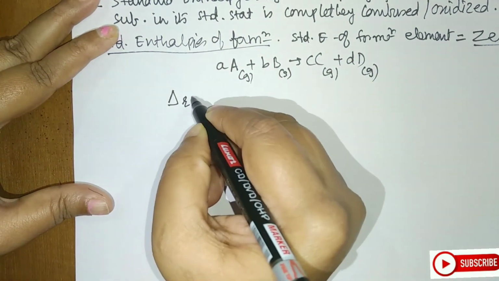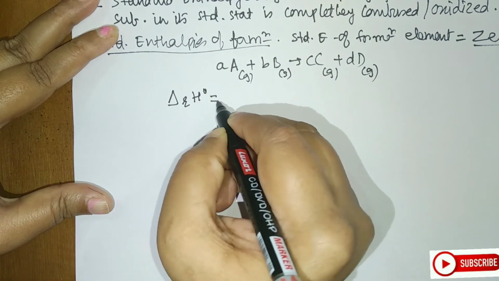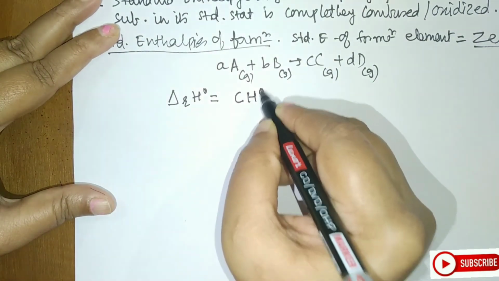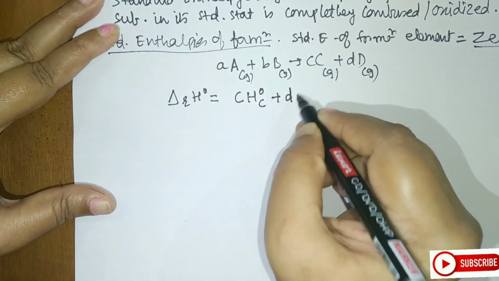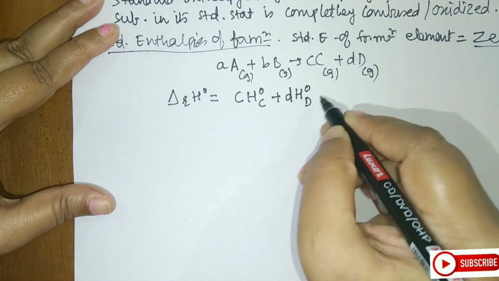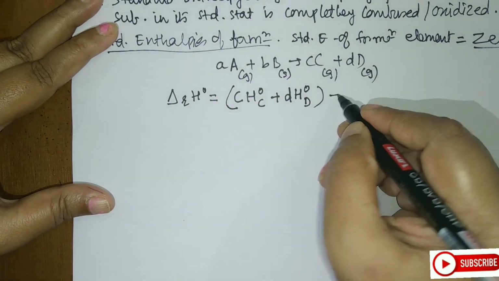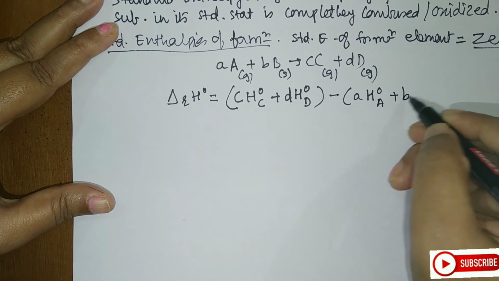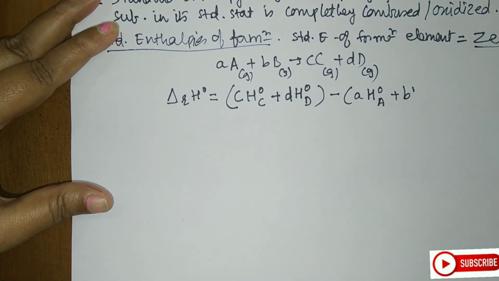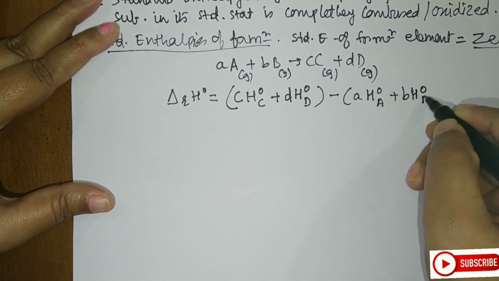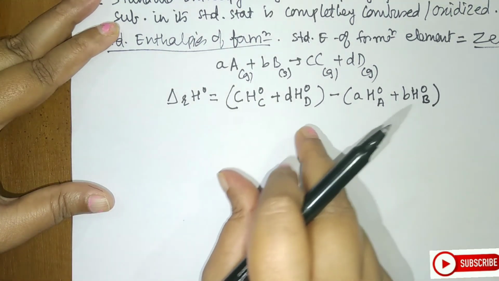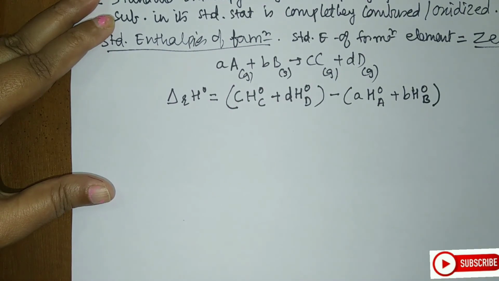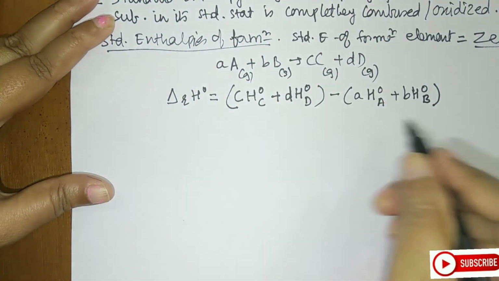So the standard enthalpy of reaction can be given as C times the standard enthalpy of C plus D times the standard enthalpy of D. This is the total of products minus A times the standard enthalpy of A plus B times the standard enthalpy of B. Means the summation of standard enthalpies of the products minus the standard enthalpies of the reactants. So we give this in this way.